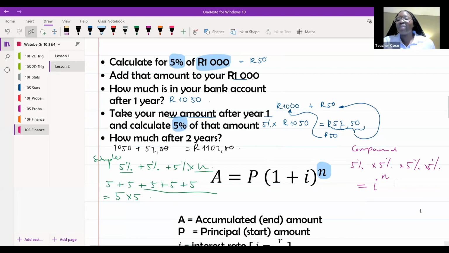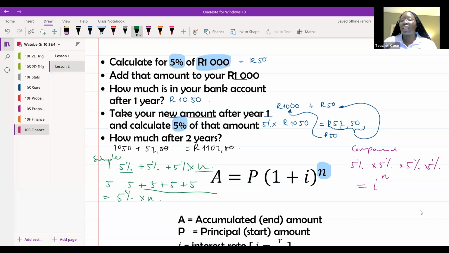Give me a thumbs up if everybody understands Namisile's explanation of what happened here. Because this is not me, this is Namisile. I just put some extra spice. She 100% killed it, guys. Are we understanding the difference between why in simple interest, we just go 5% times n?